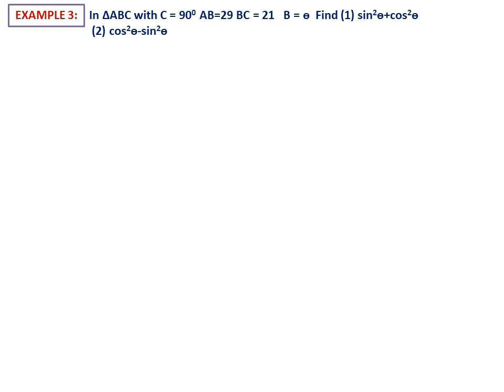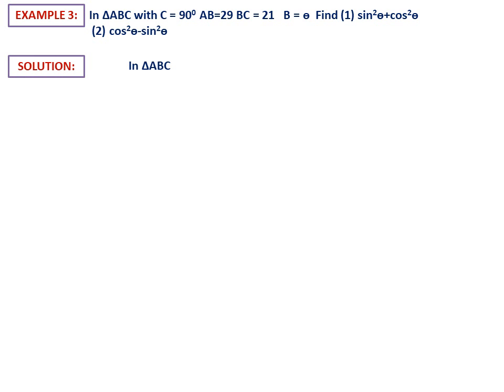Next, example 3. In triangle ABC, with C equal to 90 degree, AB equal to 29, BC equal to 21, and angle B equal to theta, find sin square theta plus cos square theta. That is first part. Second one is cos square theta minus sin square theta.